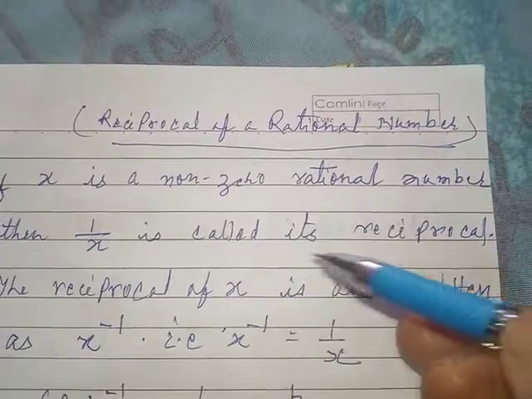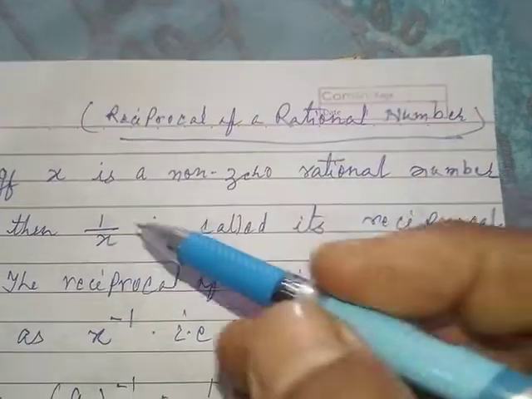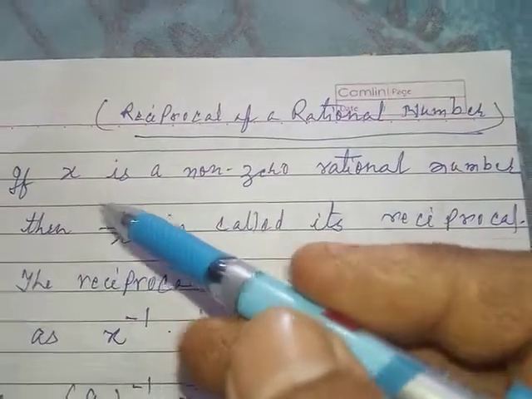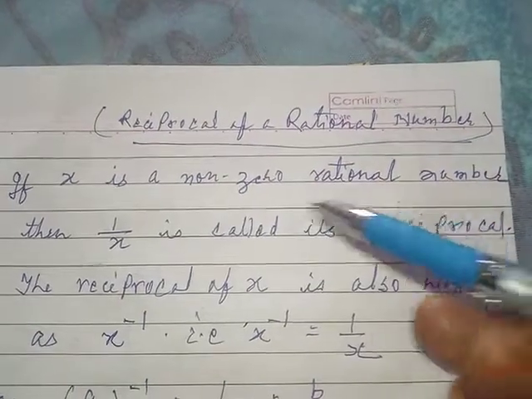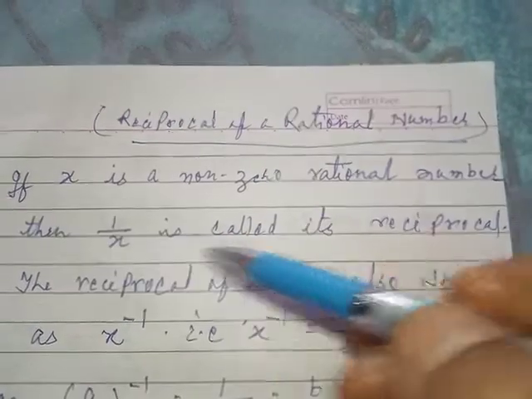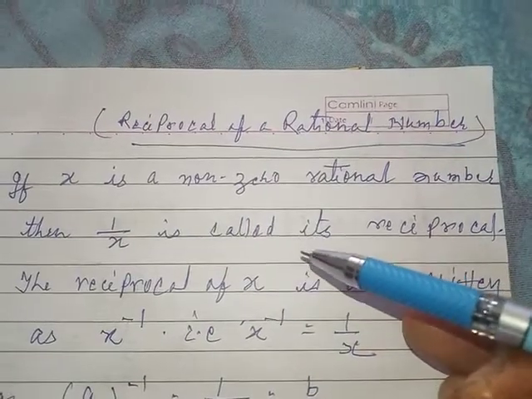Once again, if x is a non-zero rational number, then 1 by x is called its reciprocal.